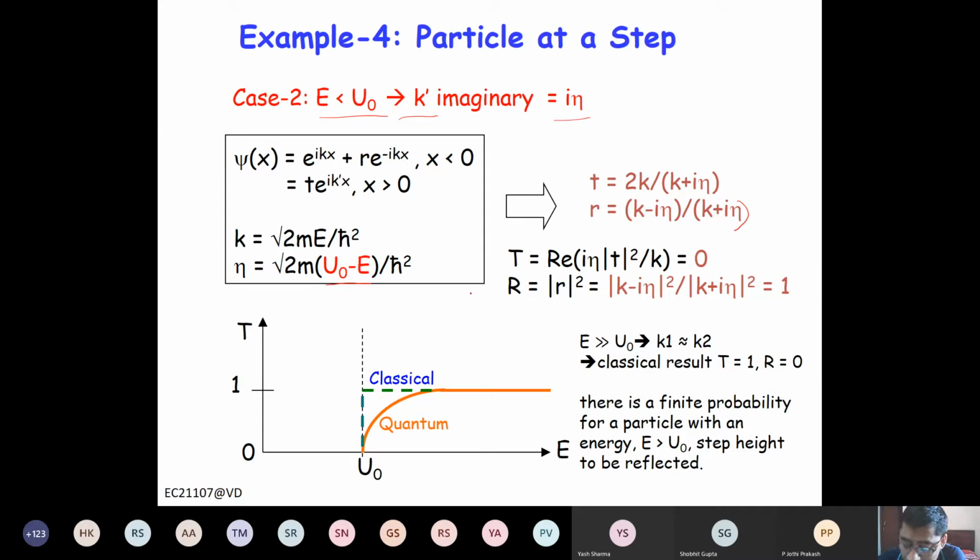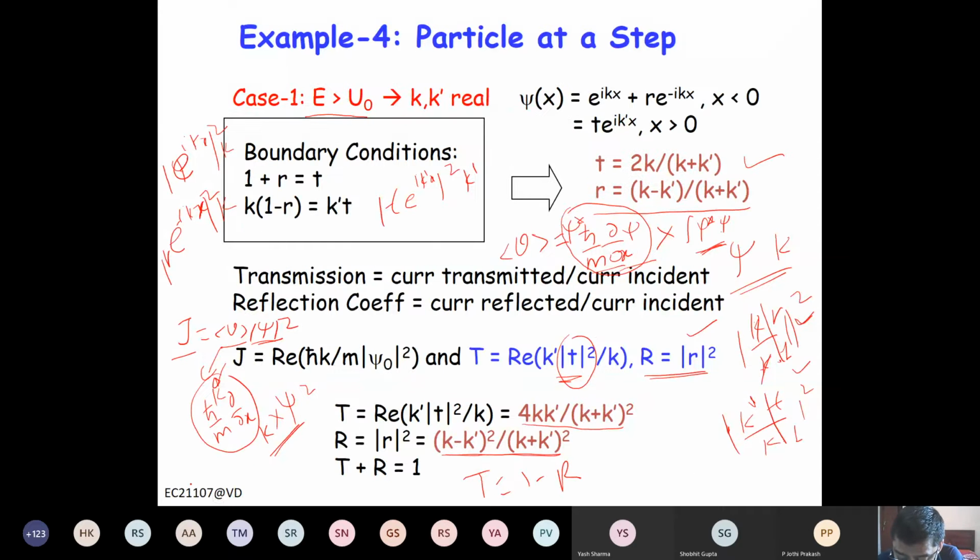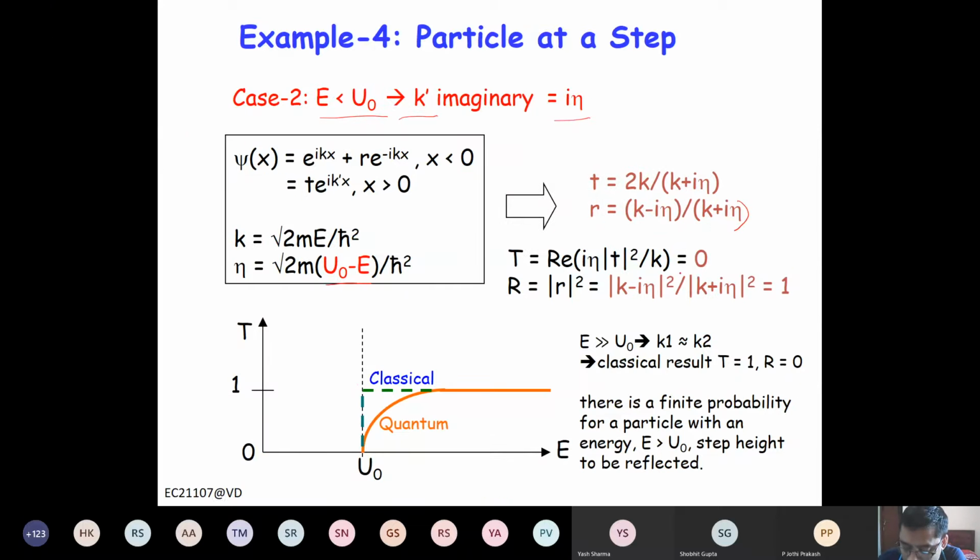Okay, and the transmission is what? 4k k prime. Now k prime is iota eta. So 4k times iota eta divided by (k plus iota eta) whole square, right? So that means this number will be imaginary. So the transmission will be an imaginary number.